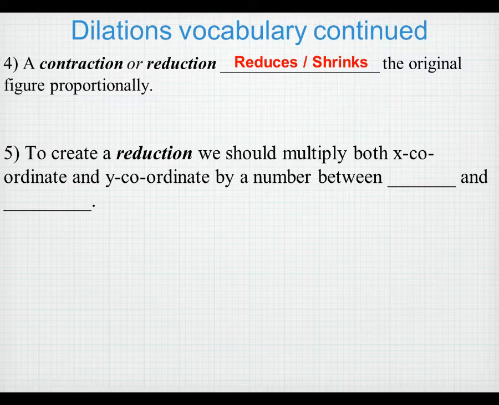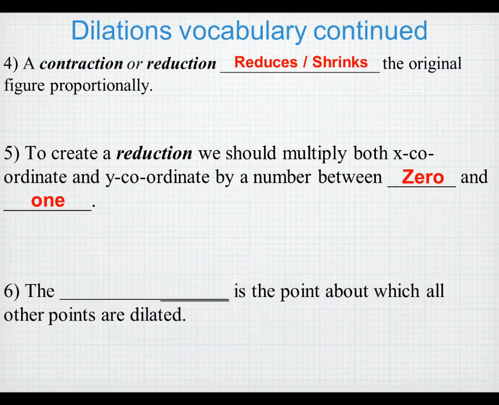To create a reduction, we should multiply both the x coordinate and y coordinate by a number between 0 and 1. Most of the time we take fractions like 1/2, 1/3, 2/3, and at times we may take the value between 0 and 1 as 0.25 or 0.5 and so on.